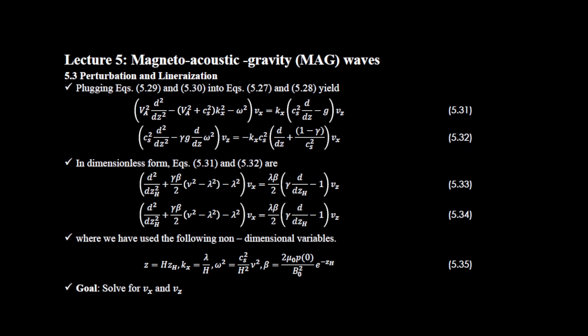You will have that Vx will be equal to kx cs squared d of Vz by dz, all over omega squared minus cs squared kx squared, minus g kx all over omega squared minus kx squared cs squared, Vz. So that is what we will have as our Vx.